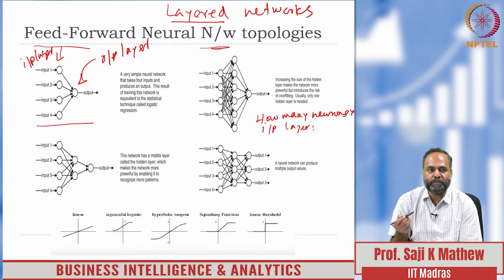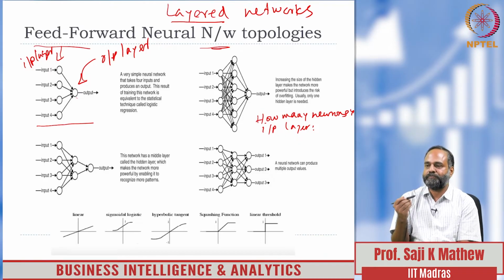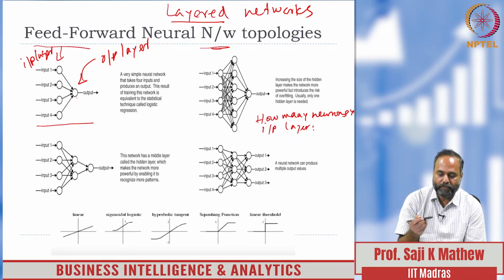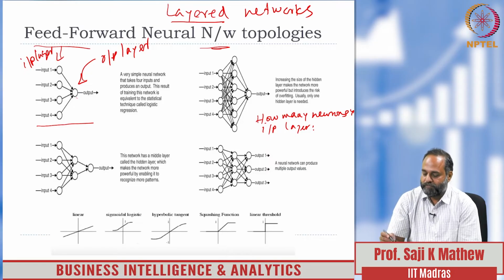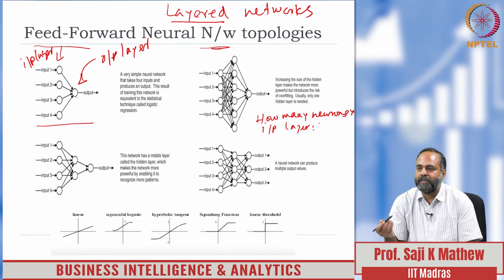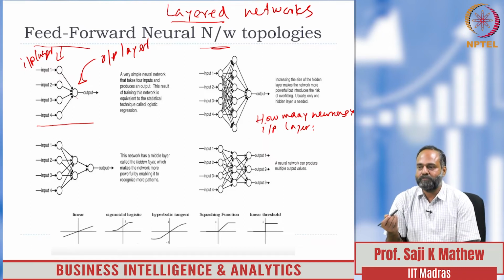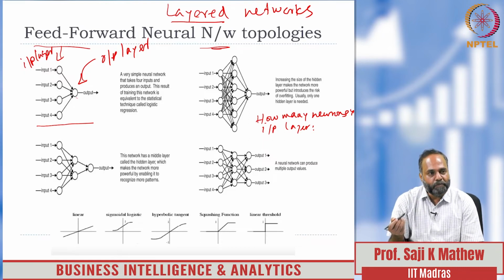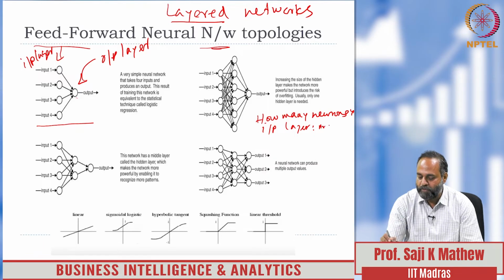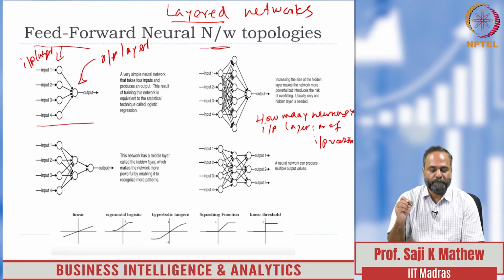What is the basis for determining how many neurons should be there? The number of neurons in the input layer is equal to the number of inputs, the number of x variables or input variables. That solves one problem.